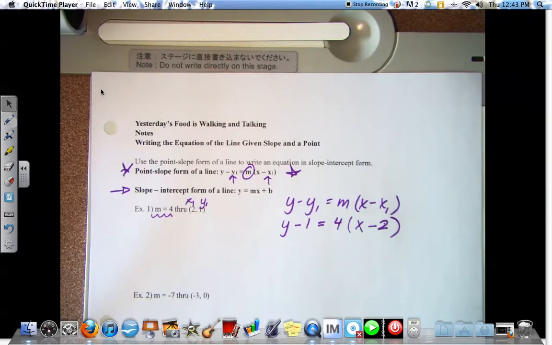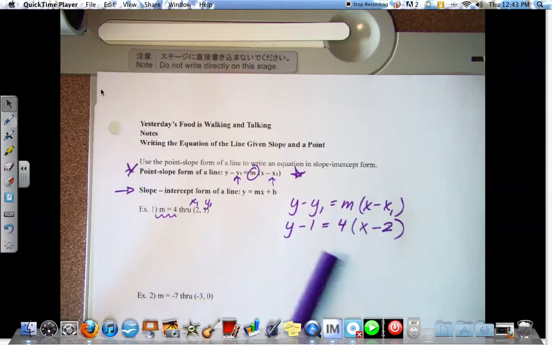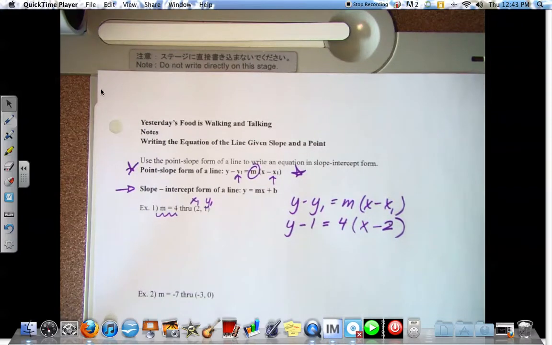So now this looks a little similar to what we've been working with. We have y and x, and we have a couple more numbers here. We filled in what we knew. Now, the next step is to get it into slope-intercept form, which we've been working on for the past couple of weeks. First, we have to distribute, and then we're going to add.